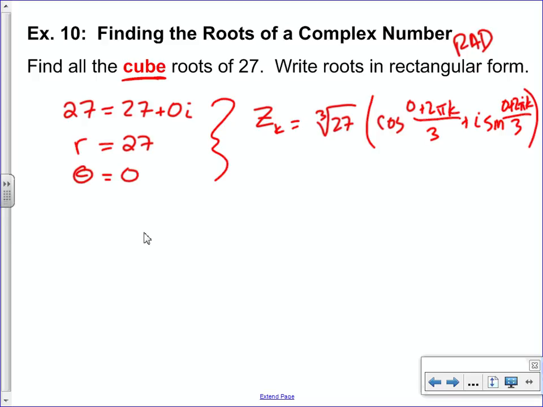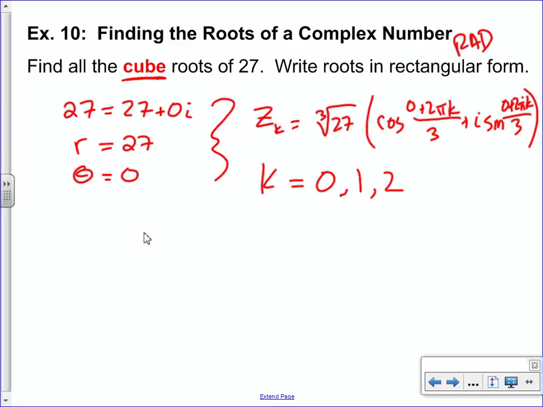Let's do it in radians, just to show. The cube roots, right? So there's 3 roots. So we're applying k equals 0, 1, and 2. That's it.